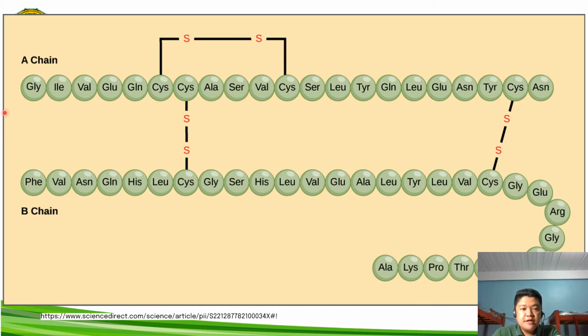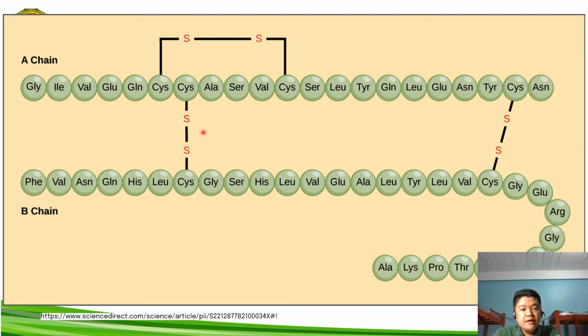And in this type of insulin, again we have here glycine at the N termini of our A chain, and the asparagine at the C termini. For the B chain, we have phenylalanine at the N terminal and the alanine at the C terminal.